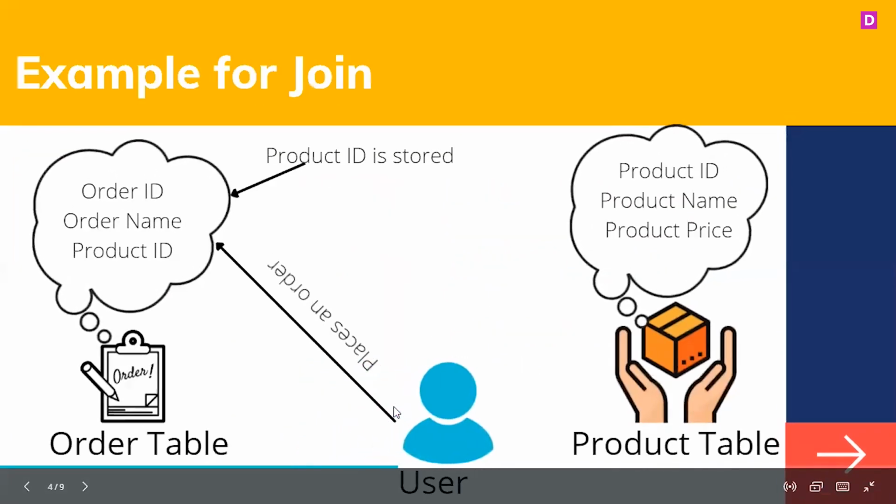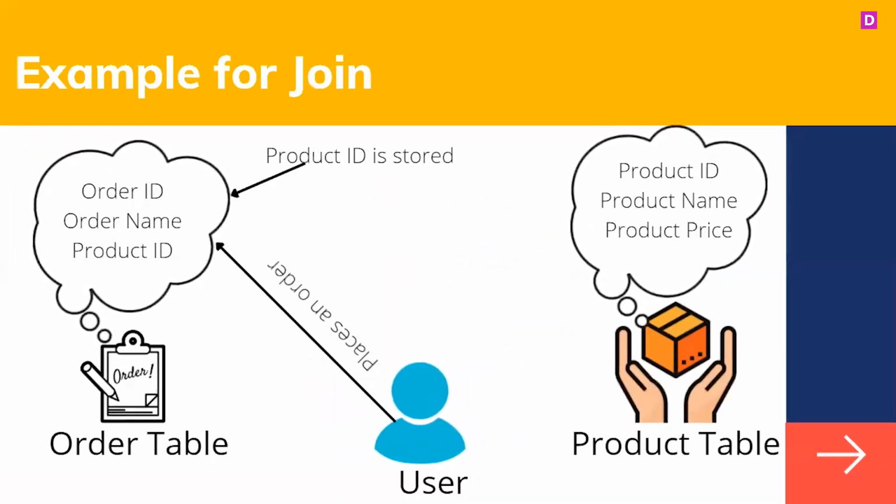Now the simplest example I could give for a join is to assume that you have two tables. One is your order table, having the attributes order ID, order name, and product ID. Similarly, the product table has product ID, product name, and product price.